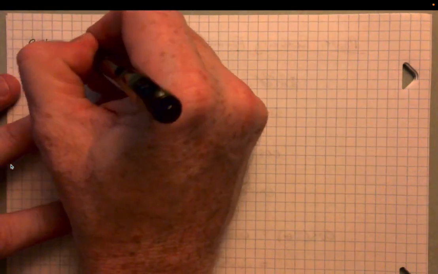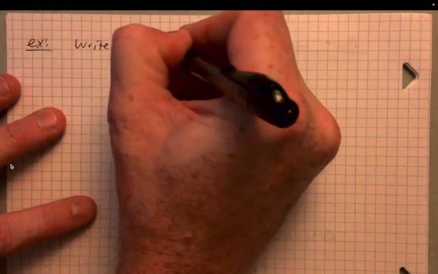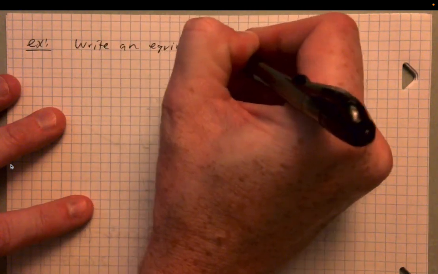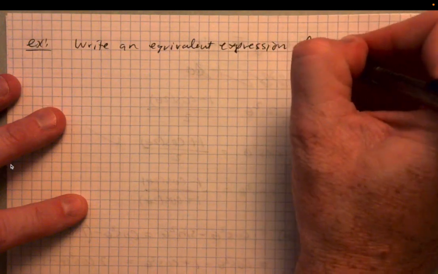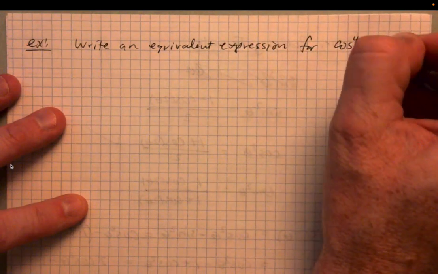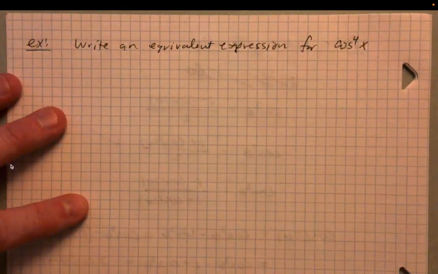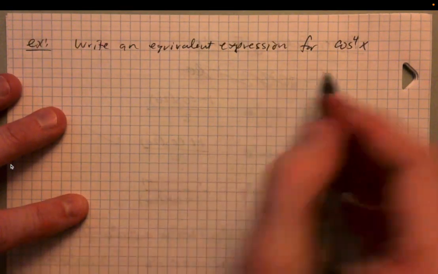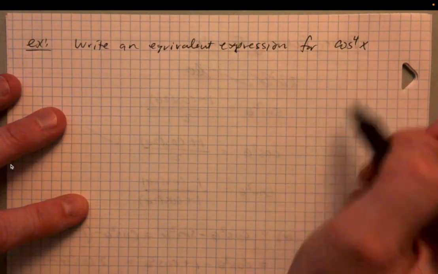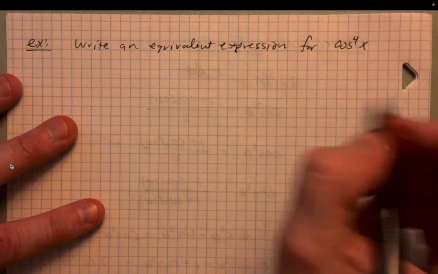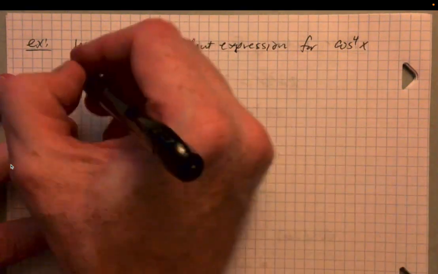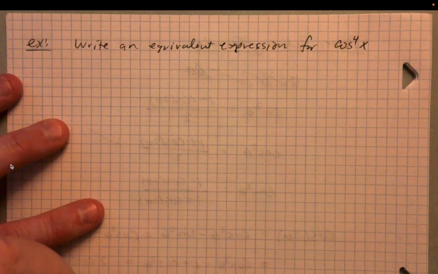Let's do this example. So let's write an equivalent expression for cosine to the 4th x, right? We want to write an equivalent expression for cosine to the 4th power of x. So cosine of x to the 4th power is the best way to say that. And specifically we want this equivalent expression to not contain higher powers on the trig function.